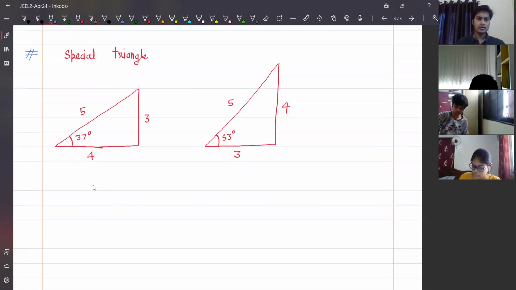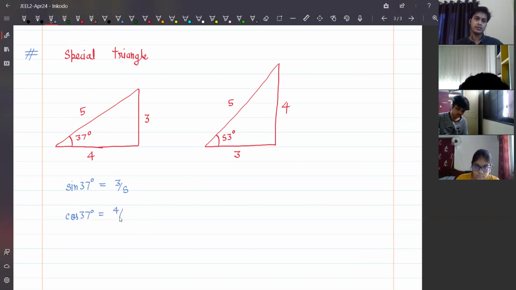Okay, so we can write a multitude of ratios. For example, you can write from here that sine 37 is equal to 3 by 5. Cos 37 is equal to 4 by 5. And tan 37 is equal to 3 by 4. As you see, these are the same triangles.